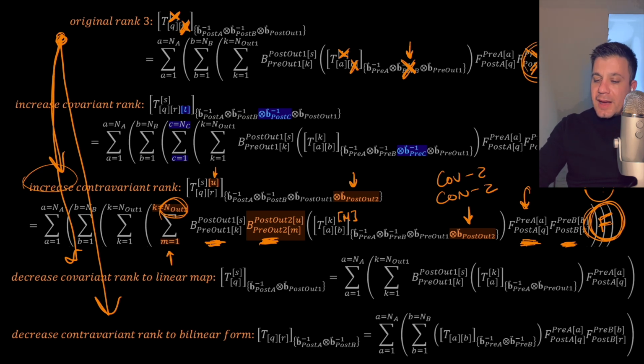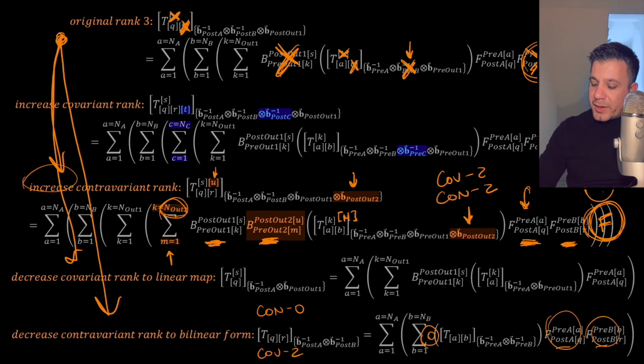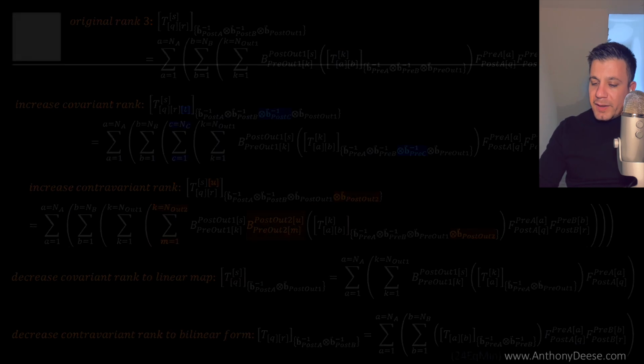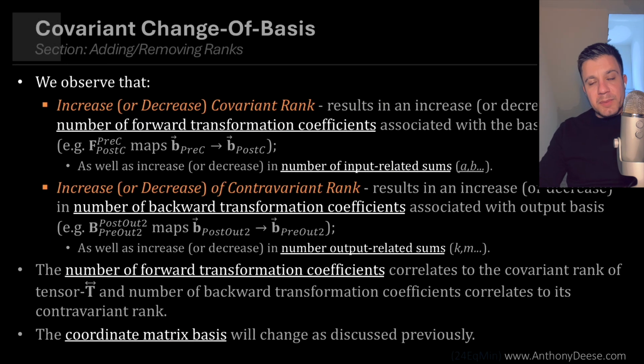We keep this one and we get rid of this one here. So this is contravariant rank 0, covariant rank 2. So we have 0 backward transform matrices being used and 2 forward transform matrices. And then obviously you have to make sure the indices work out and the bases work out. I'm moving a little bit faster as we go through this because the patterns we see in the different characteristics also resemble each other.